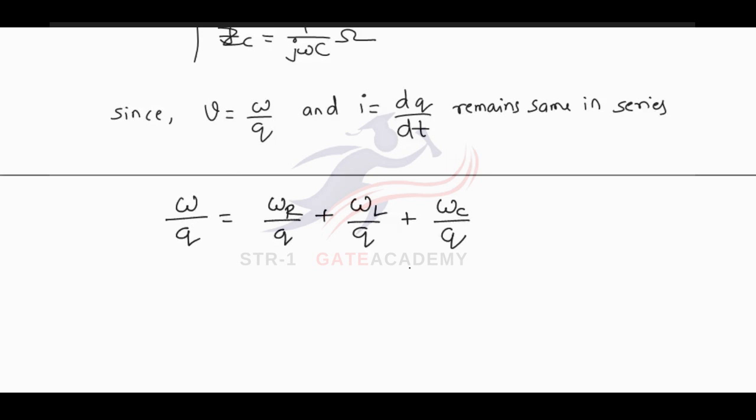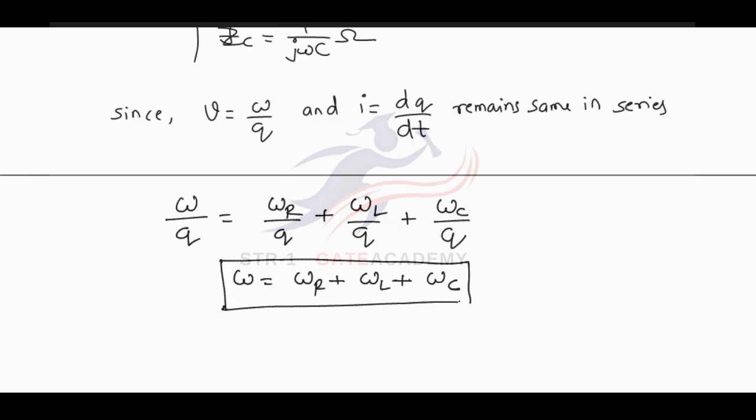From the above equation I can write W is equal to WR plus WL plus WC, and what does this imply? This is nothing but conservation of energy. So what we can conclude is that KVL expresses conservation of energy.